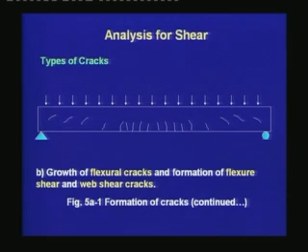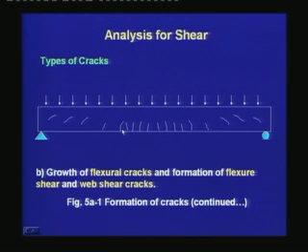As we go on increasing the load, we find more flexural cracks, and those cracks have increased in size. But we also find the formation of some flexural shear cracks. That means cracks are generating due to flexure, but then they are propagating due to the effect of shear.